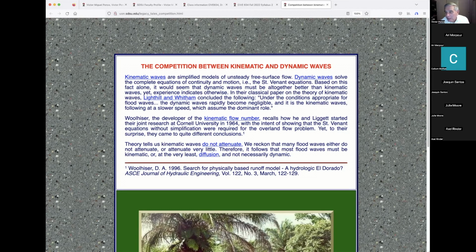I wasn't there, but I can almost see what happened. Woolhiser signed up with Liggett to do a PhD. Liggett said, you know what? I've been thinking about using the full, complete Saint-Venant equations to do overland flow because nobody's ever done it. Can you do it? And Woolhiser, being a student, what could he say? He said, yes, of course. Let's try it. And they tried it for a couple of years, I would say.